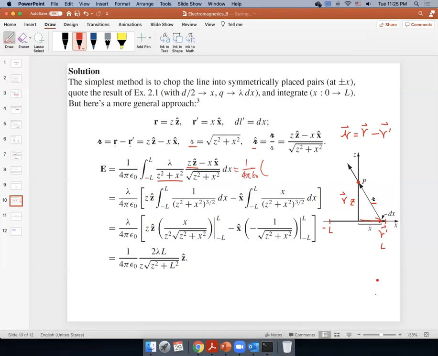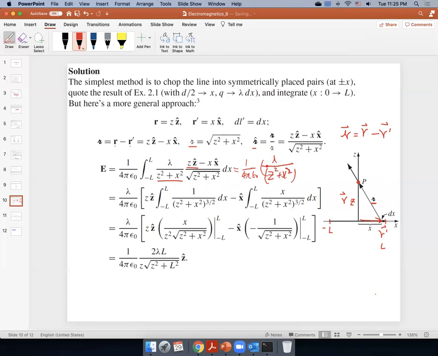So it's lambda over z squared plus x squared, times the square root of z squared plus x squared.